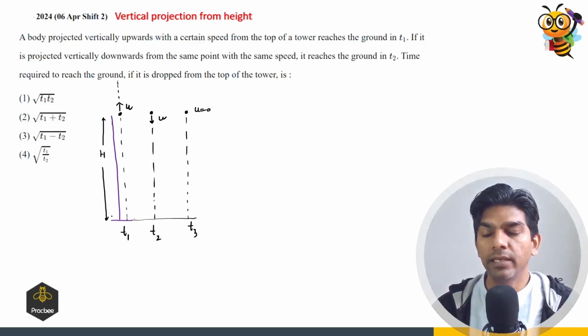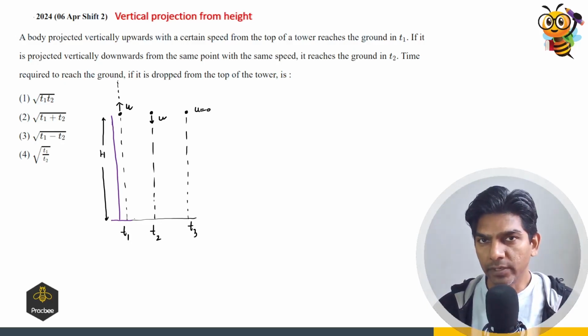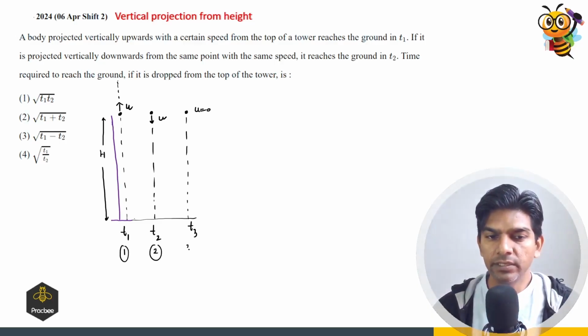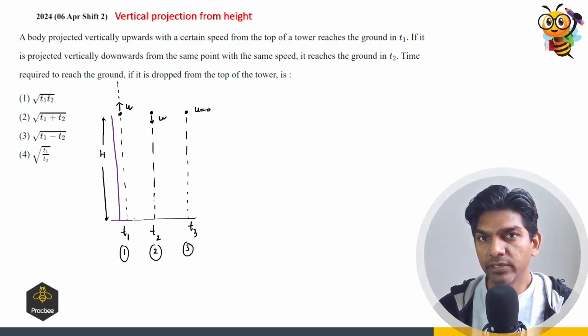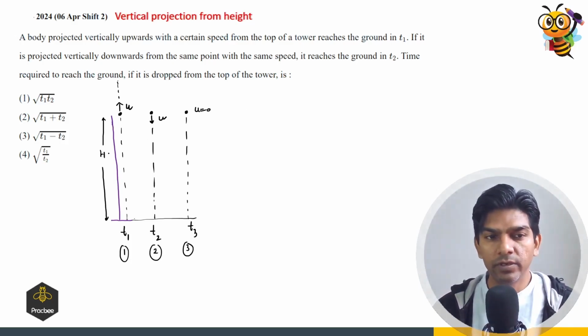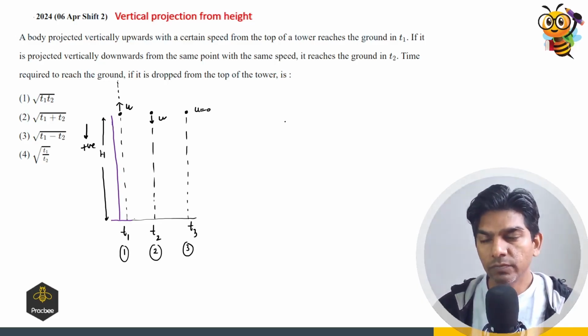So let us apply the second equation of motion 3 times. First for the first case, then for the second case, and then for the third case, and then we'll try to manipulate the equations. If we consider downward as positive, then the initial velocity will be negative.